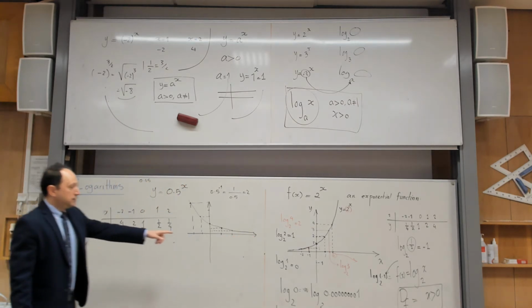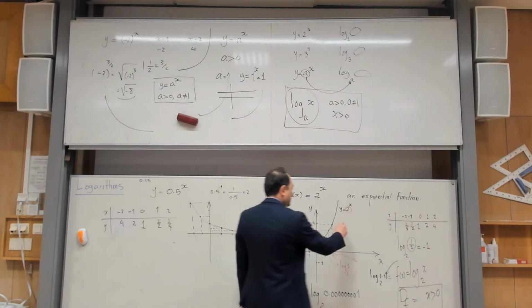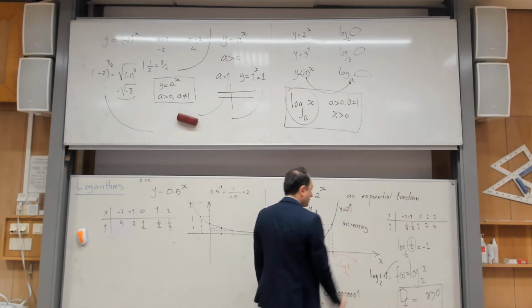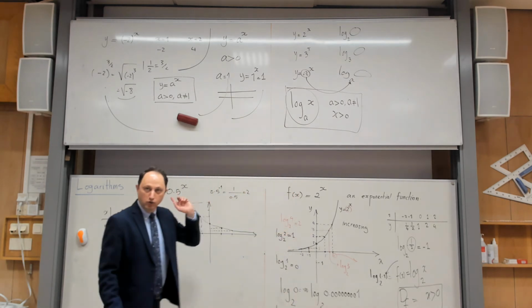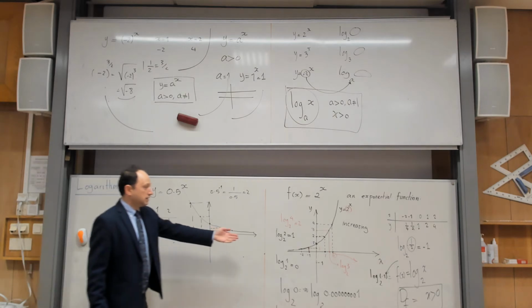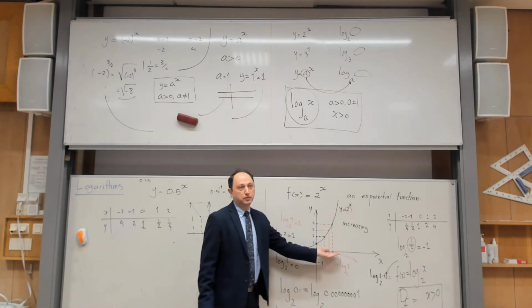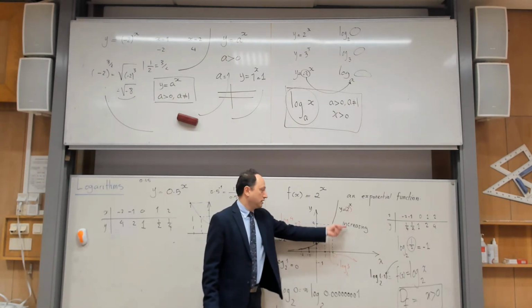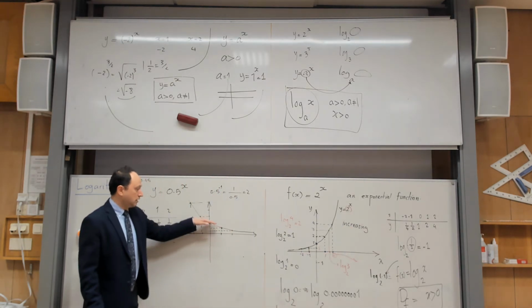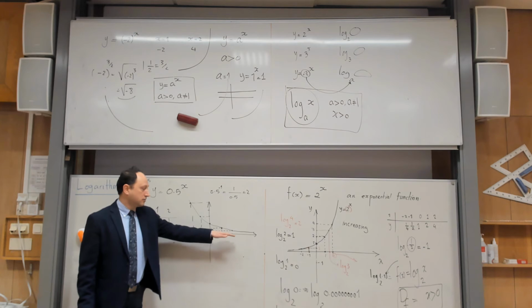So this behavior is called increasing function. Increasing. So when I go to the right, always I go to the right, that's the convention. By going to the right, the height of the graph becomes higher, becomes bigger and bigger. So that function is increasing. But here, when I go to the right, the height of the graph is actually declining.